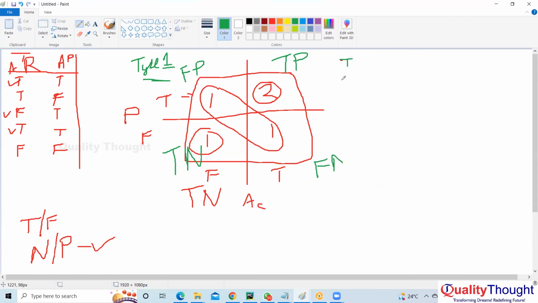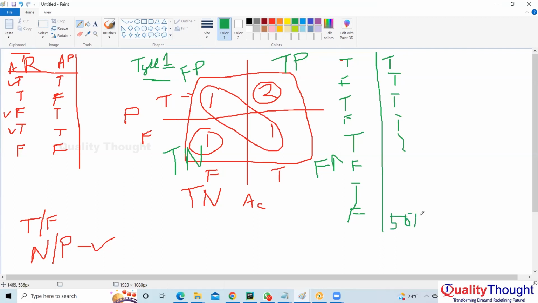You have the actual values: true, false, true, false, and so on. One student marked everything true, and got 50%. This is the first student.